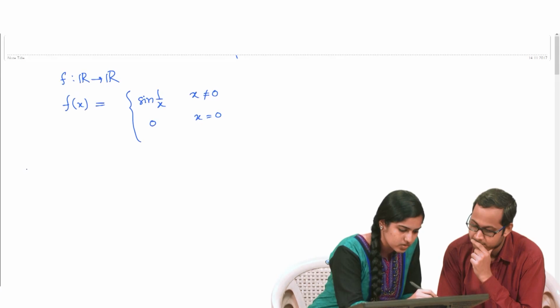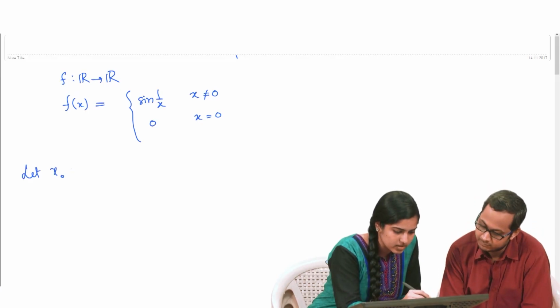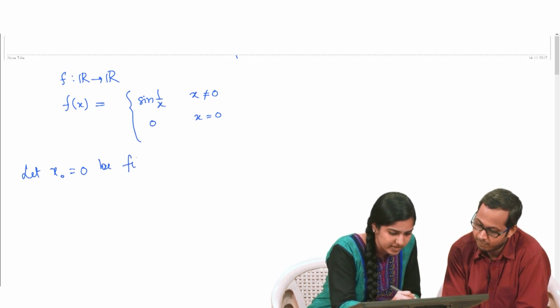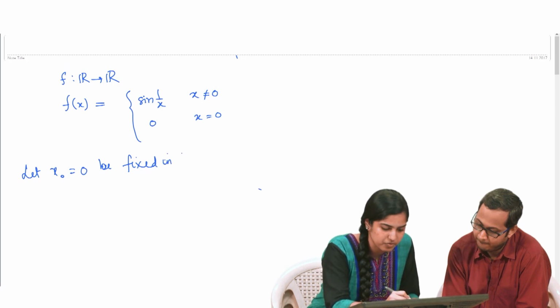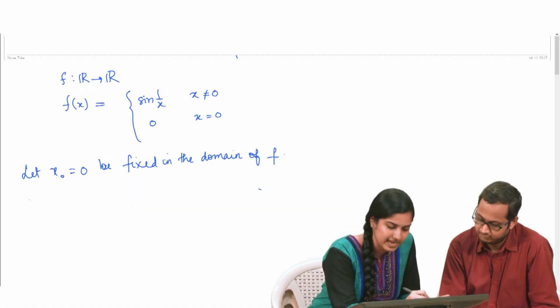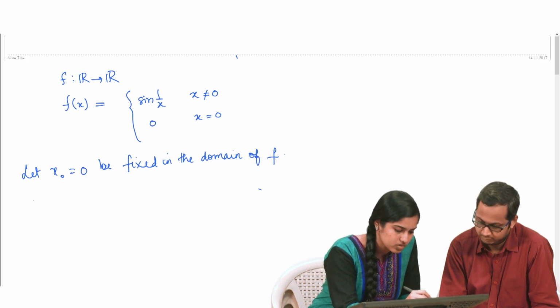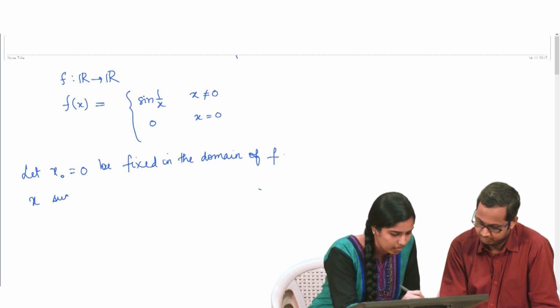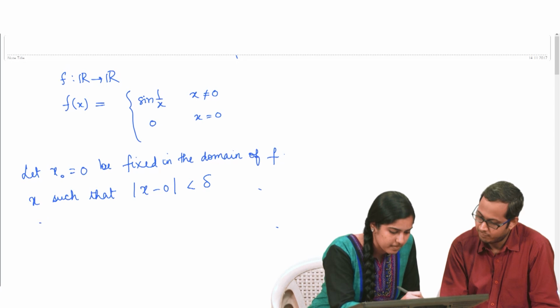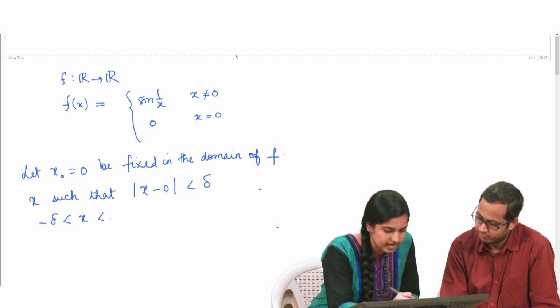Let me fix x naught equal to 0 in the domain of f. I need to look at all those x such that modulus of x minus 0 is less than delta, that is minus delta less than x less than delta.